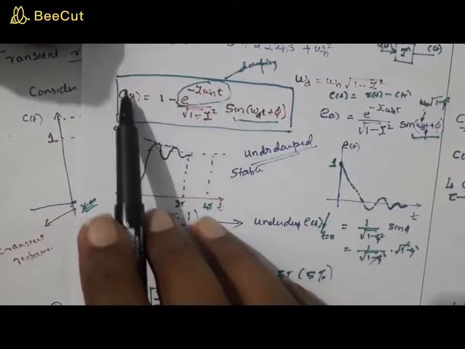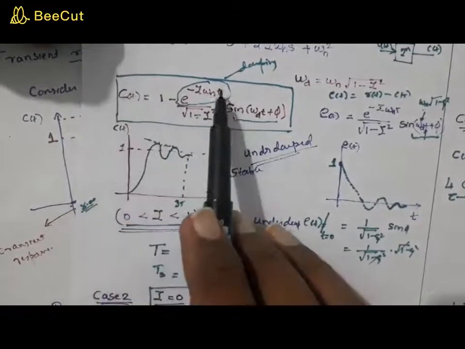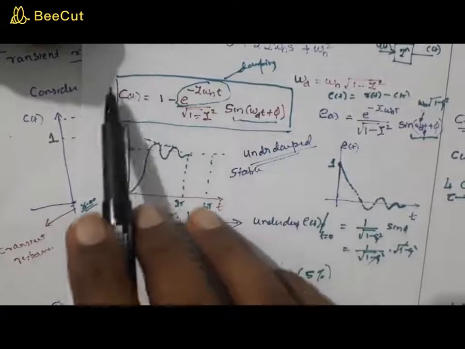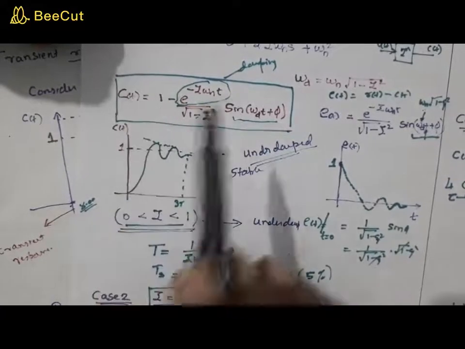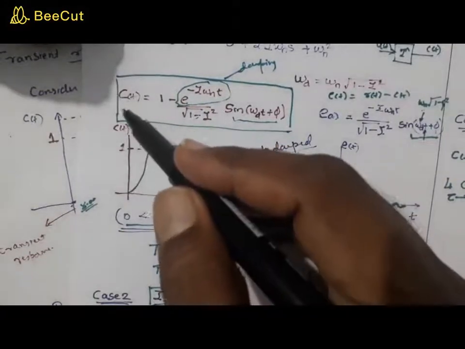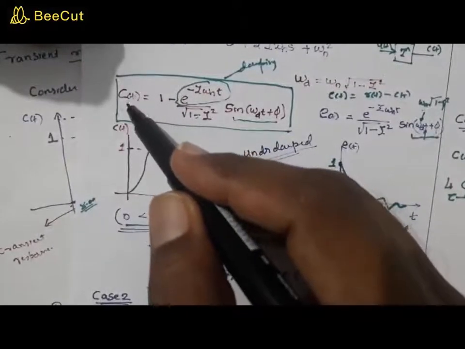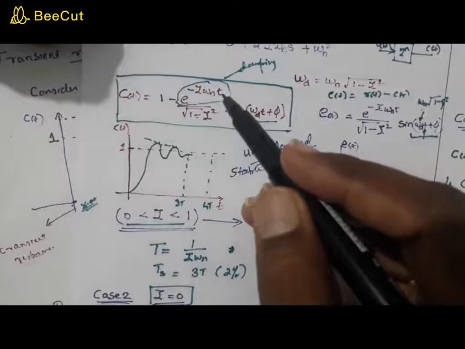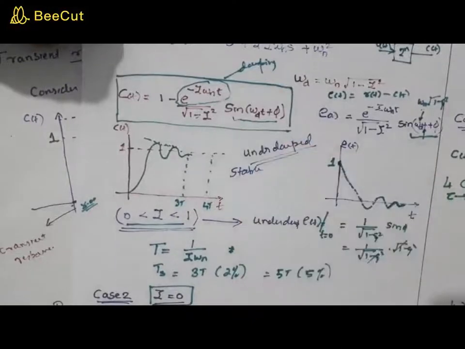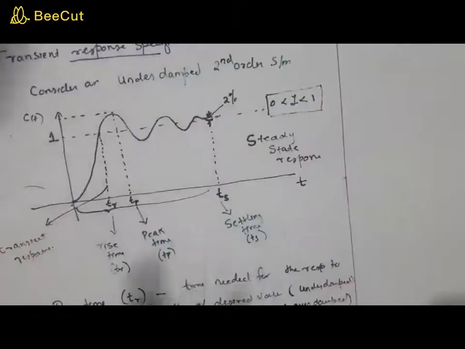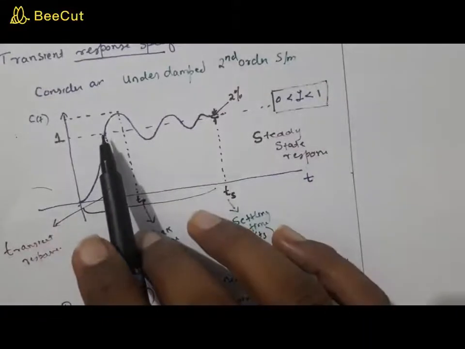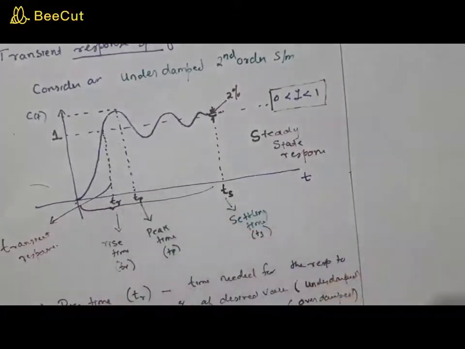So what is TR? TR is the time needed by the system response where c of t becomes equal to 1. If you put 1 here, you can evaluate the corresponding time, which is what is called TR, because it is at this time the system reaches 100% at first.